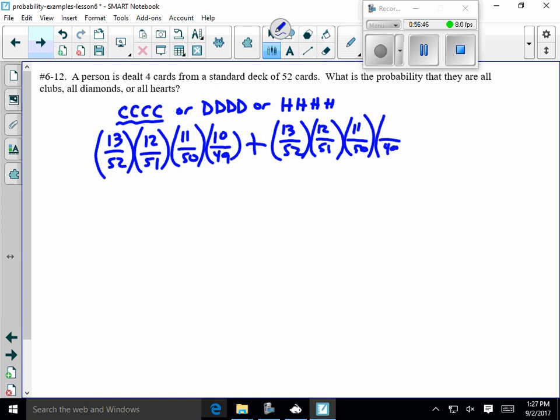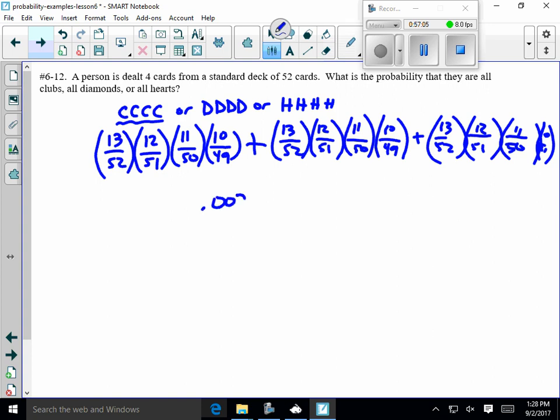Plus, I would have another one that's the same, right? 13 out of 52, 12 out of 51, 11 out of 50, and 10 out of 49. So if you multiply those out and then add the results, you end up getting 0.0079. The important point here is that every time you start with an or, that's a completely separate way to meet the event criteria. So you have to go back to the fresh deck.